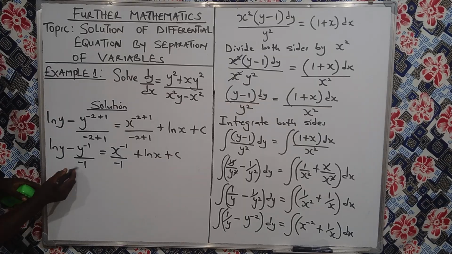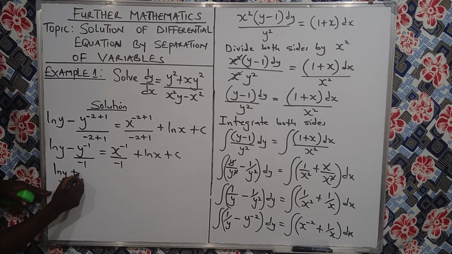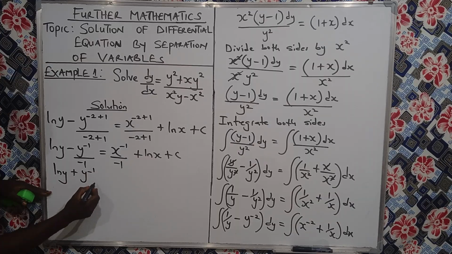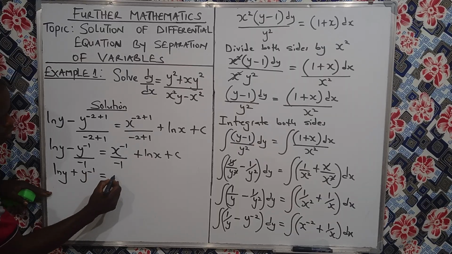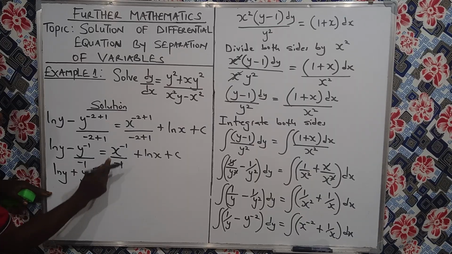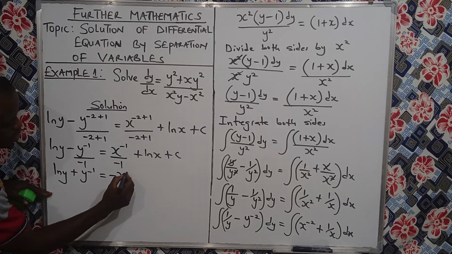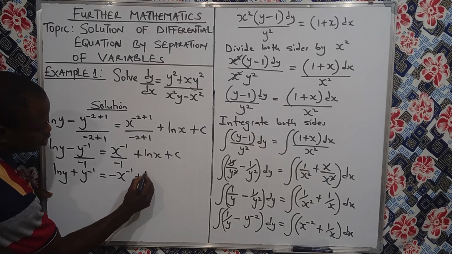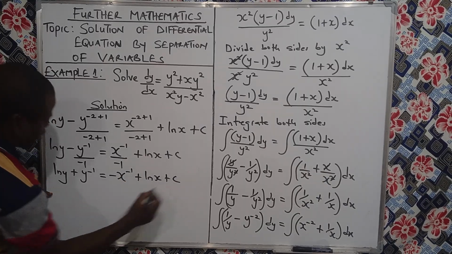Now at this point, this negative, we cancel this negative here. We have ln y plus y raised to power minus 1 equals minus, positive divided by negative, that's negative, x raised to power minus 1 plus ln x plus c.